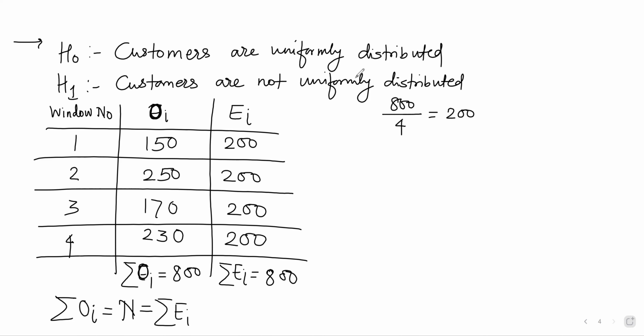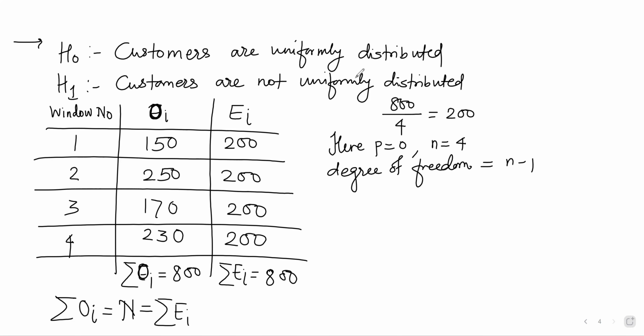Here the parameter P is 0 and the value of N is 4. So the degree of freedom is N minus P minus 1, that is 3. Correct? Degree of freedom is 3.